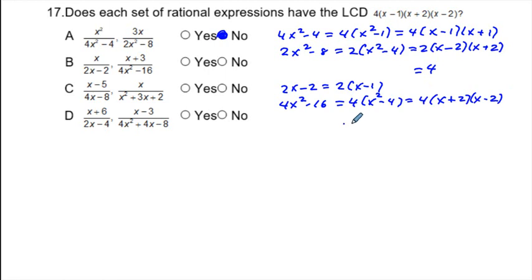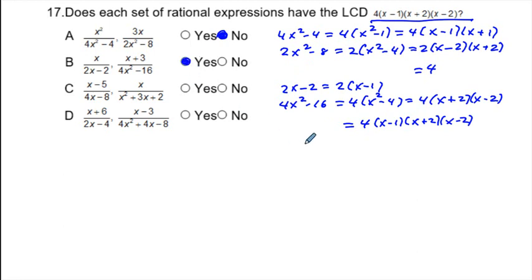And yeah, our common denominator is going to be 4, and we're going to have our x minus 1 here, and we're going to need to pick up our x plus 2, x minus 2. So that definitely has that least common denominator we're talking about, so that's a yes.